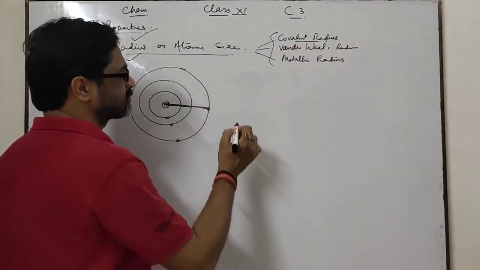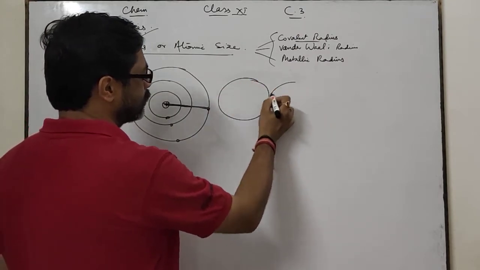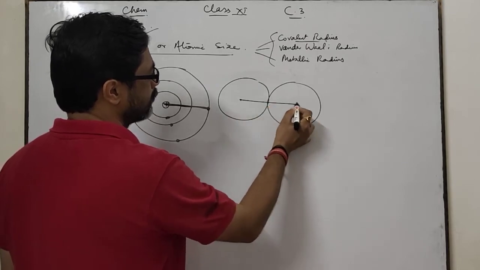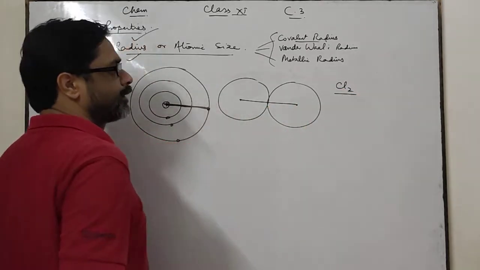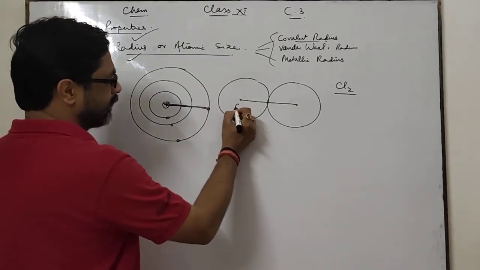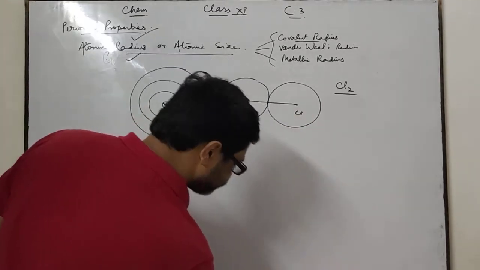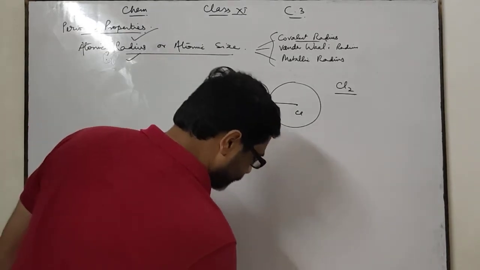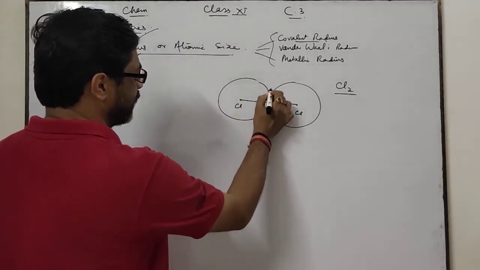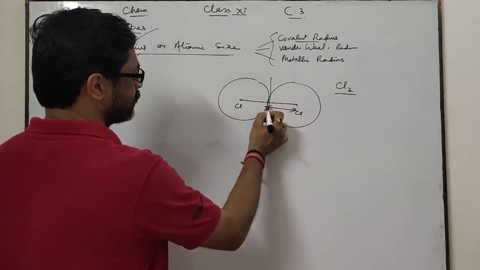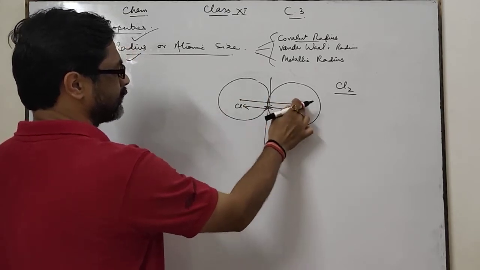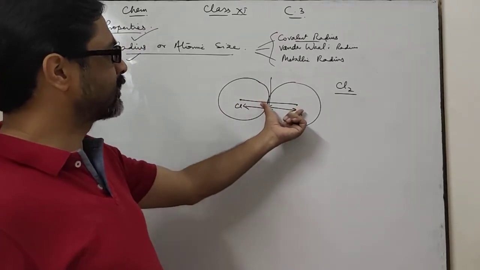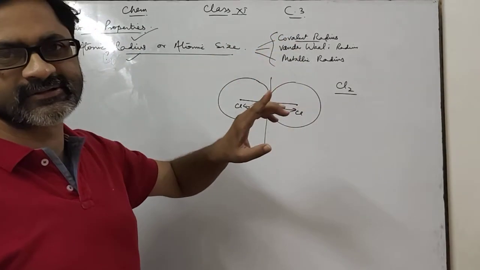What is covalent radius? When two atoms combine together by forming a covalent bond, like Cl2. In Cl2, two chlorine atoms are bonded together by a covalent bond, and half of the distance between two nuclei bonded by a covalent bond is known as covalent radius.